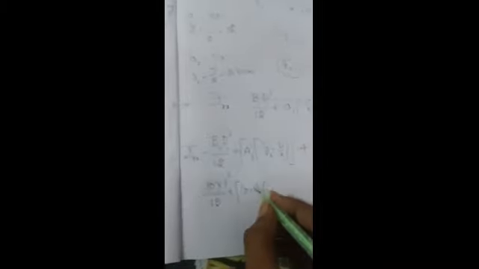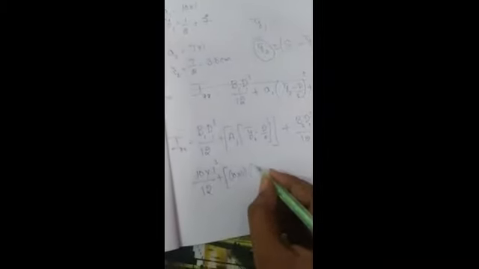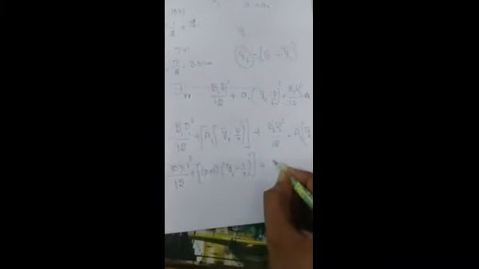Y2 bar means 8 minus Y1, then minus D1 by 2, where D1 is equal to 1. So that is Y2 bar minus 1 by 2 whole square. Next see here, B2 is for the web portion, B2 is 1, into D, which is 7, cube by 12, plus A2, 7 into 1.